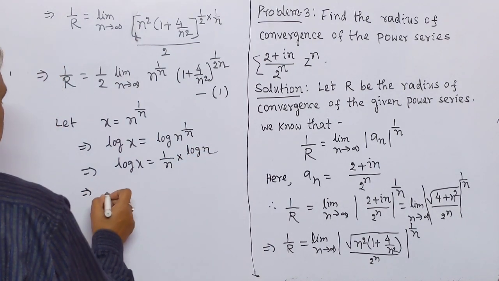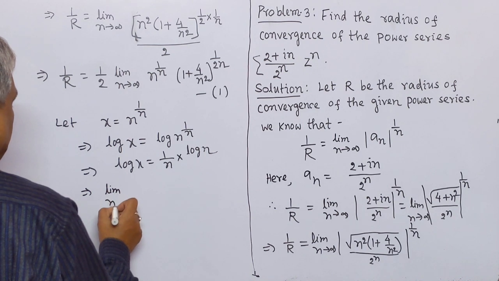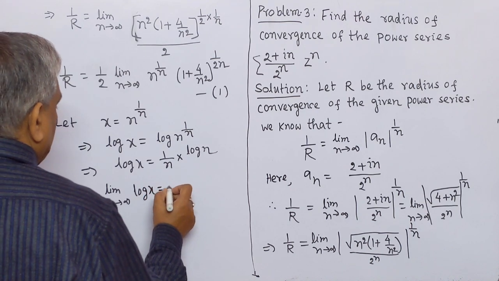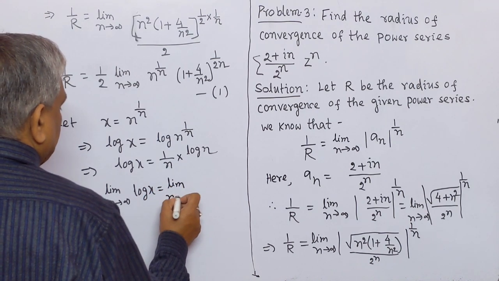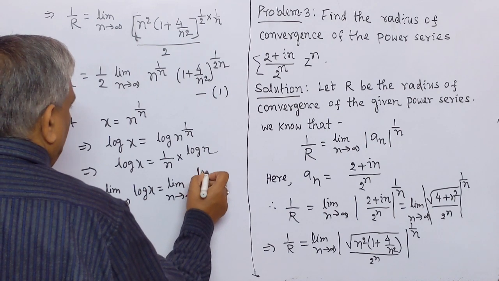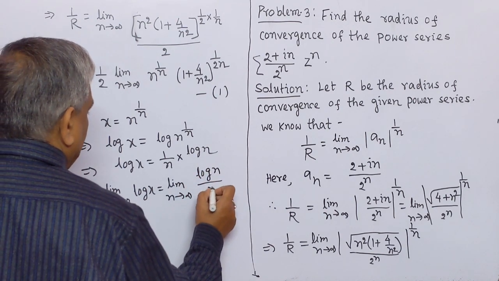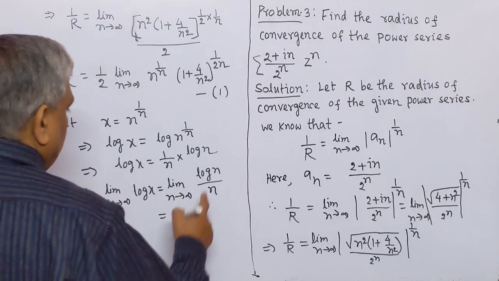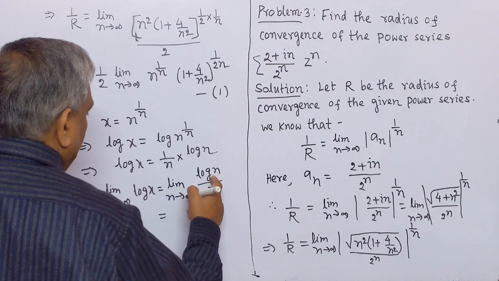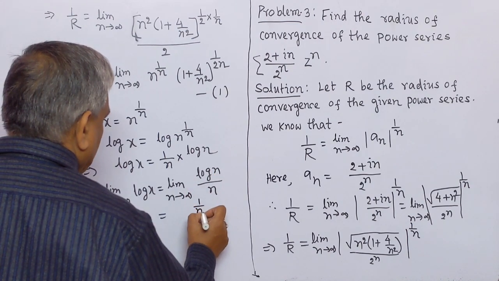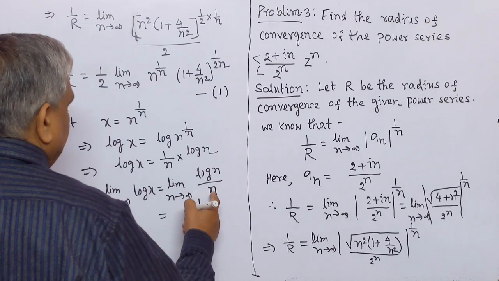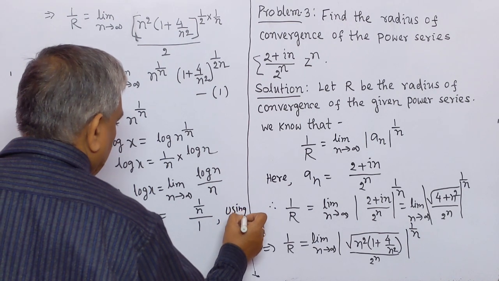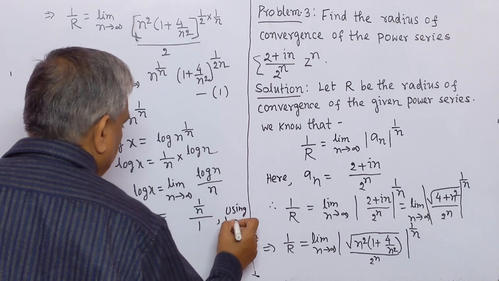Taking limit n tends to infinity, limit log x equal to limit log n by n. By using L'Hospital's rule, we get derivative of log n is 1 by n and derivative of n is 1.